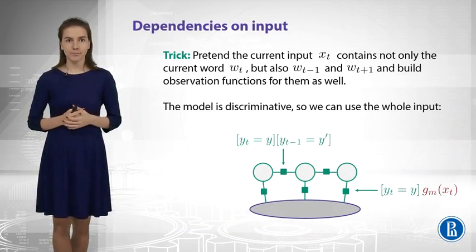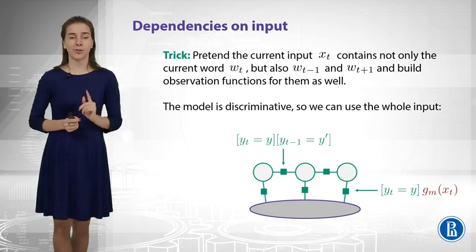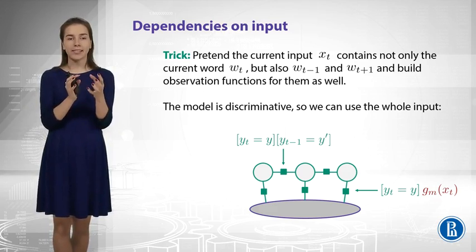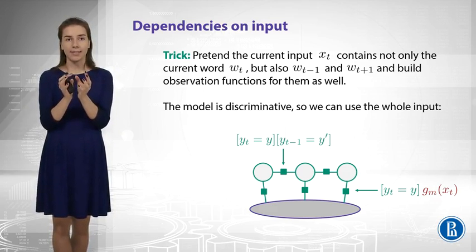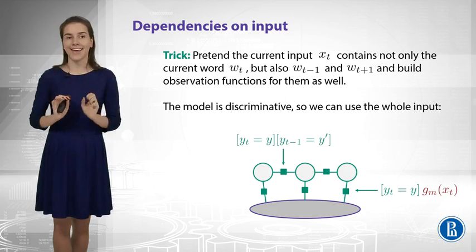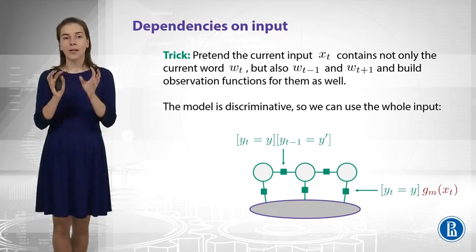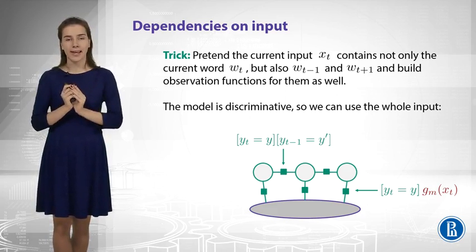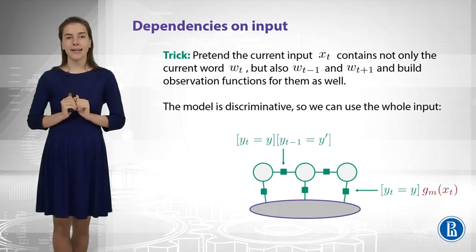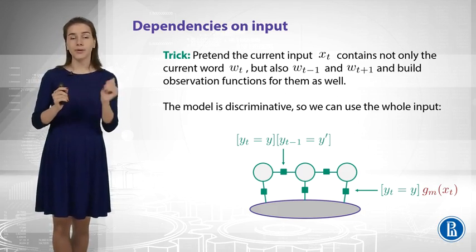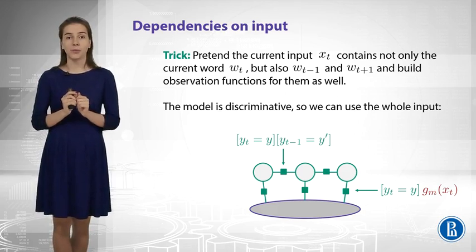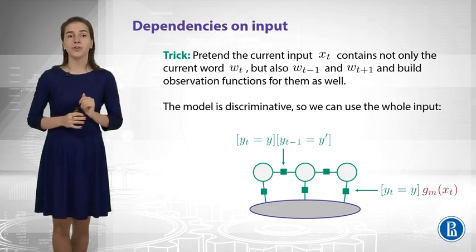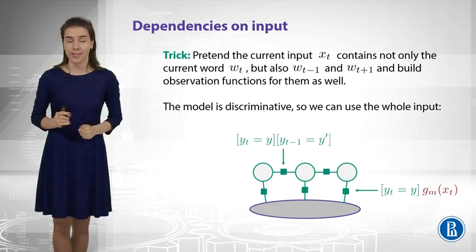Now, one trick that I want to mention here is that even though we say that the feature can depend only on the current output x_t, well, it is not like that. Honestly, we can put into this x_t everything that we want. For example, we can say that our current x_t consists of the current word, the previous word, and the next word, and we have features for all of them. So you should multiply that tremendous number of features by 3 right now.